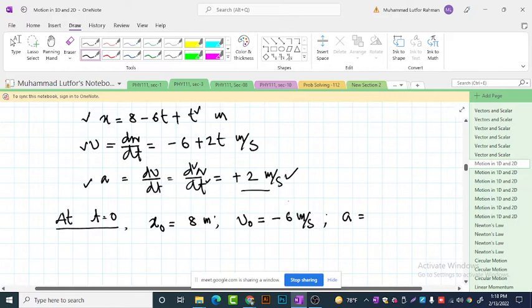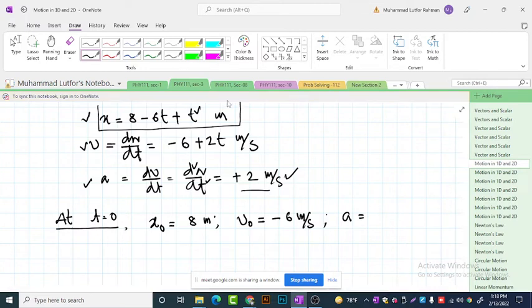Then I can say the acceleration of the particle is not going to change, which means the particle will move at a constant acceleration throughout its journey. If the particle moves according to this equation, its acceleration is not going to change.